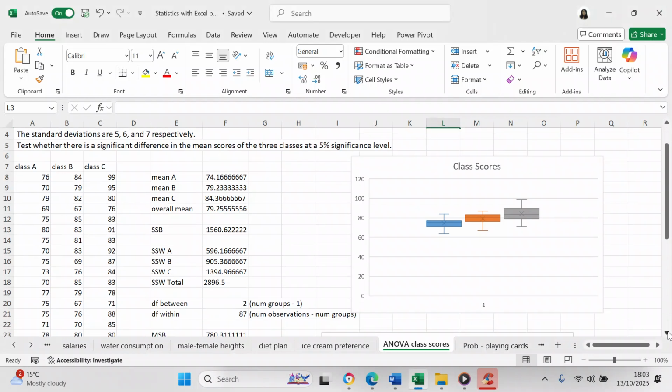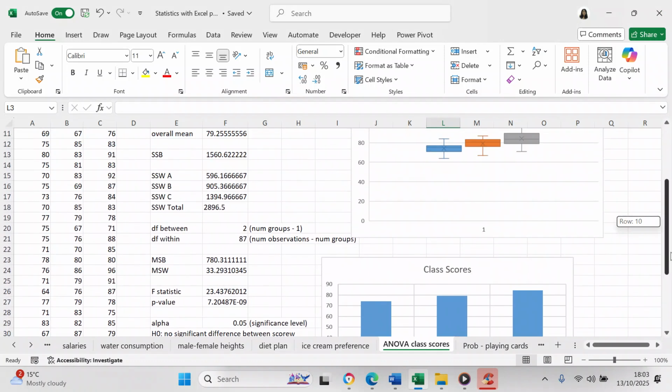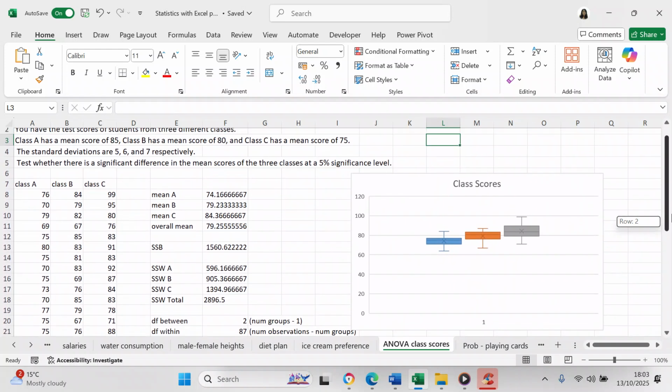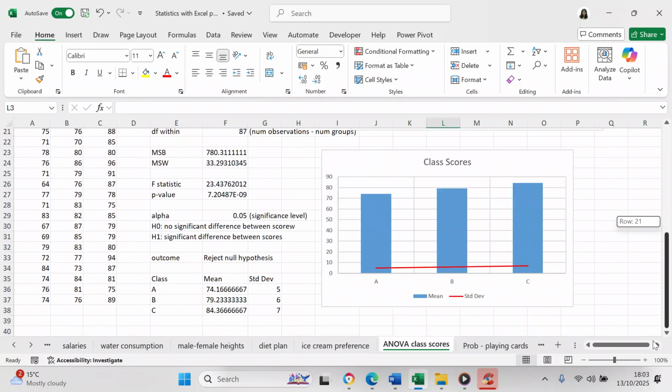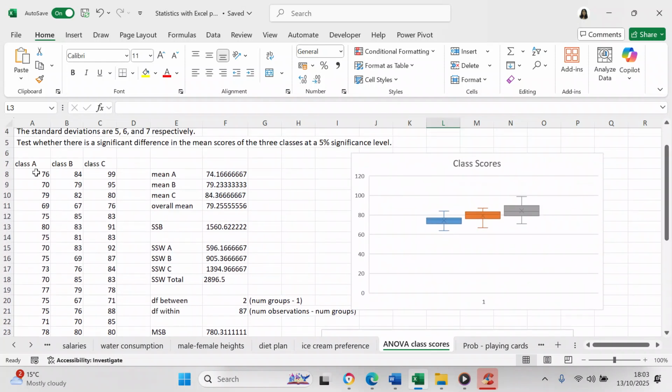So we've got Class A, Class B, and Class C. So we have 30 people in each class. Class A is a random number with a mean of 75.